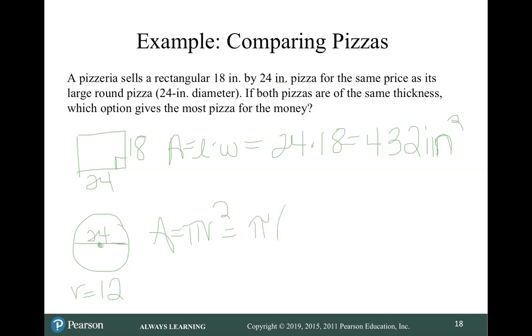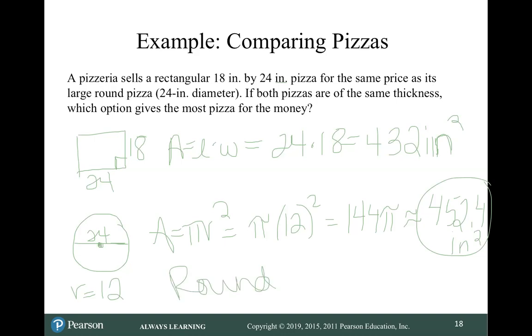So that's pi times 12 squared, which is 144 pi. 144 times pi estimates to 452.4 square inches. So which one is bigger? The round pizza. The round pizza gives you more for your money.